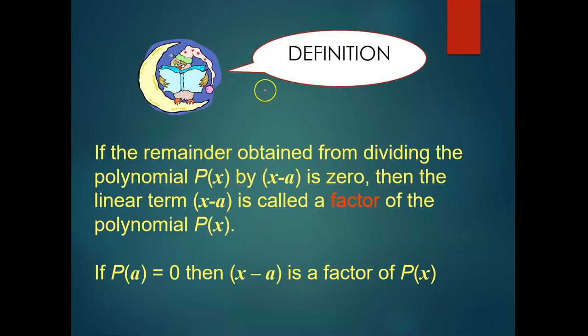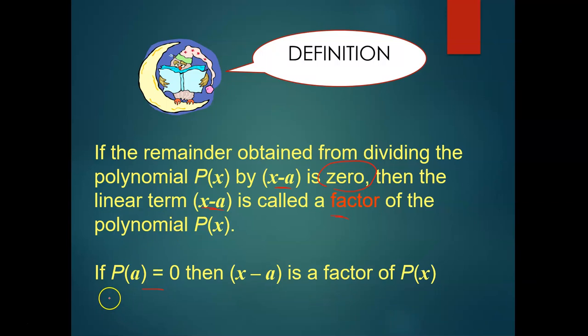So this is the definition. If the remainder obtained from dividing your polynomial by x - a is 0, then the linear term is called a factor of the polynomial. If P(a) equals 0, then x - a is a factor of P(x).